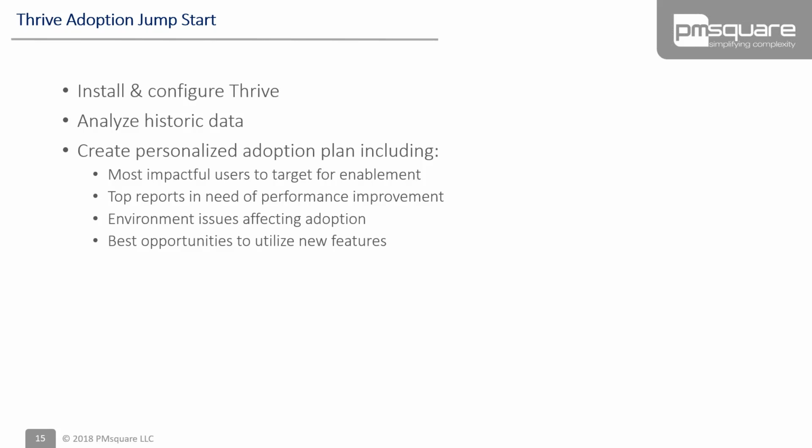This Thrive Adoption Jumpstart project is a great opportunity for you to get that value. We'll create a personalized adoption plan, to help you figure out what users to target for enablement, the top reports to target for performance improvement, what issues may be affecting your environment, and what are your best opportunities to utilize Cognos Analytics features.